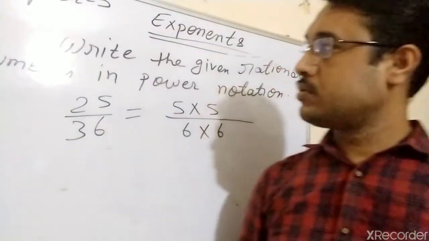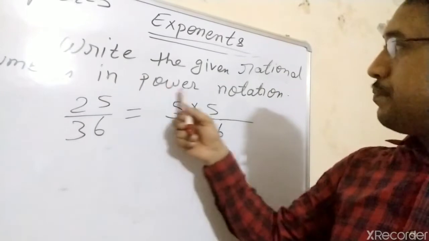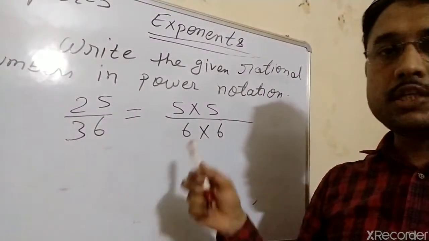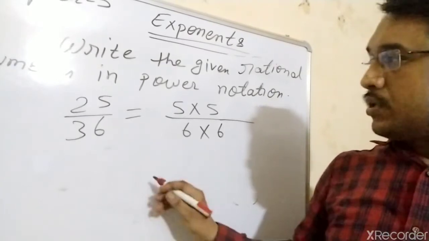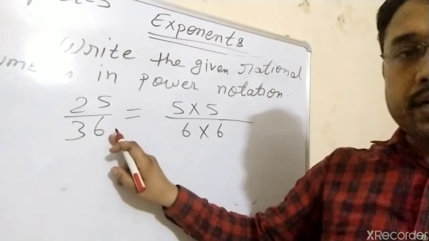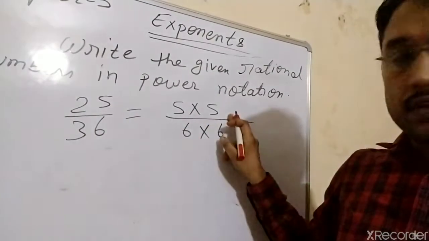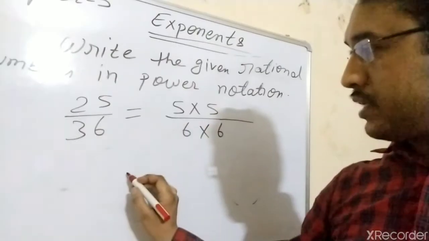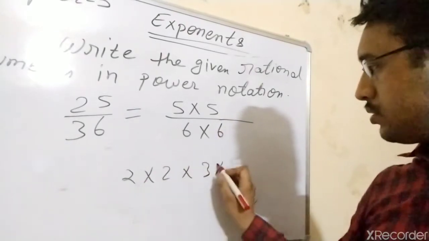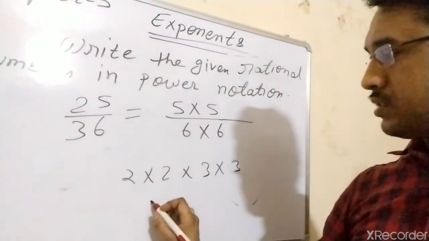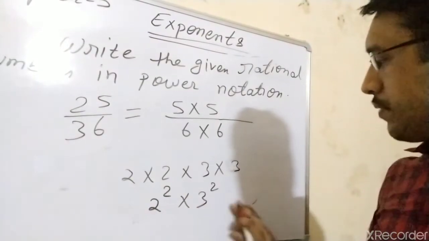Next you have to write the given rational numbers in power notation, meaning exponential notation. How to write the numbers in power notation? If the number given is 25 by 36, first you prime factorize 25, you get 5 into 5, and 36 you get 2 into 2 into 3 into 3. So this is 2 square and 3 square.